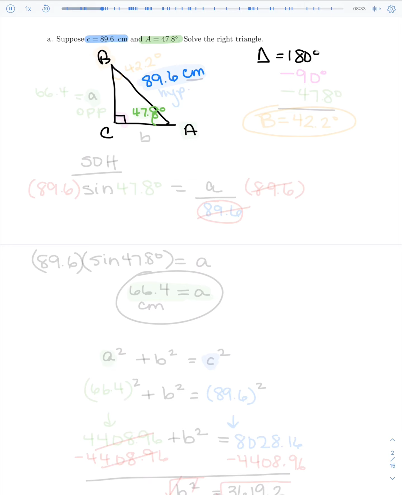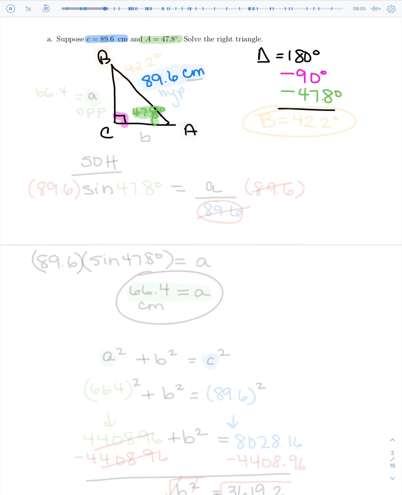We already have that C is 90, so I can take out the 90 I already used. And I can take out angle A, we already have the 47.8. Whatever is left over should be my angle B.